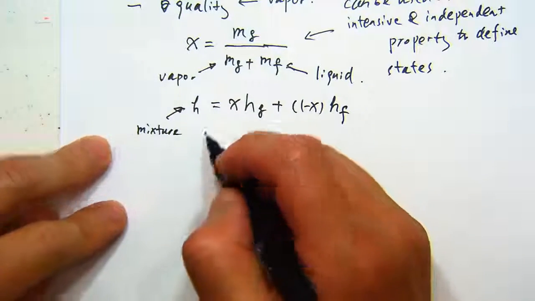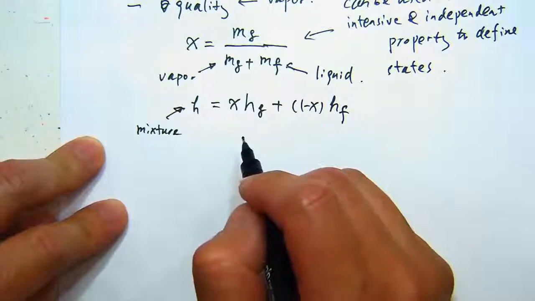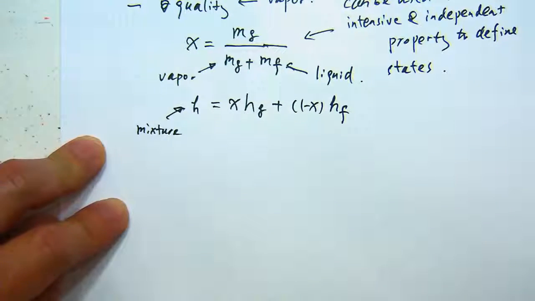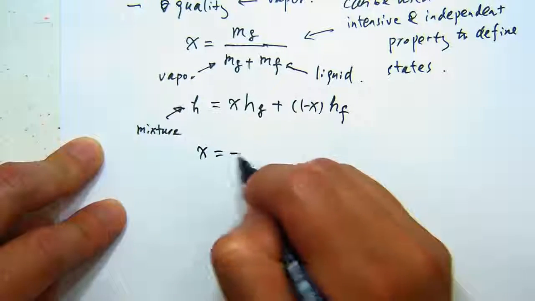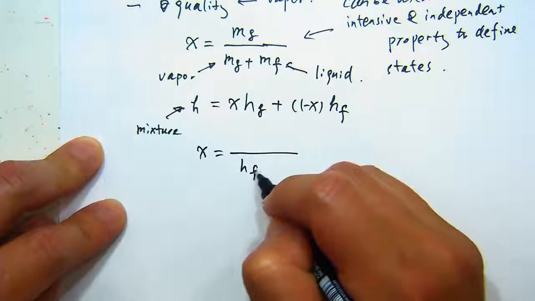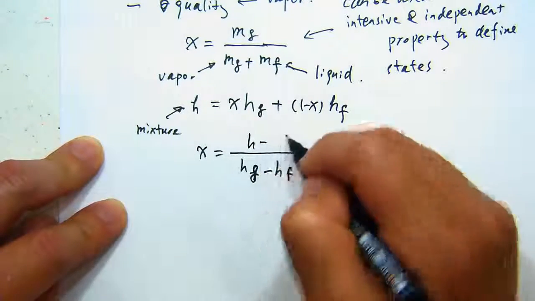So vice versa, if you know the enthalpy of the mixture, you can also figure out the quality, which means the fraction of the gas vapor in the mixture. So that one can be written as X = (H - HF) / (HG - HF).